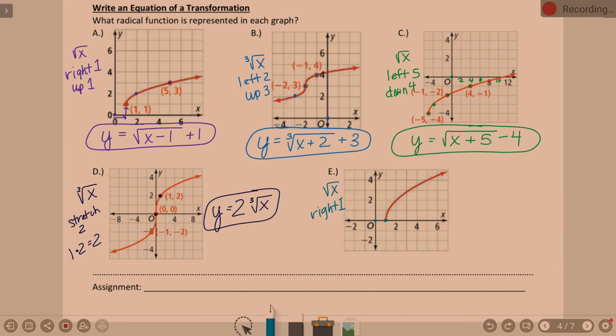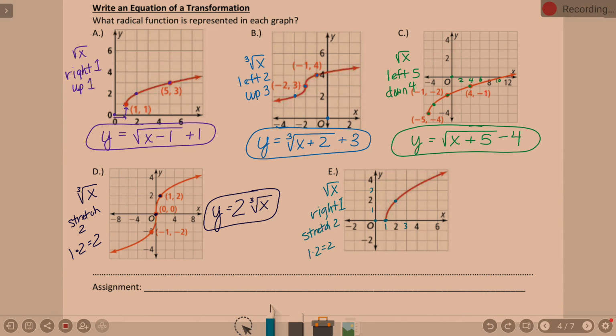Stretch. Yes, 2. Normally, from the vertex, it's supposed to go over 1, up 1, but it goes over 1, up 2. And when it goes over 1 up 2, that is the same idea of that 1 getting multiplied by 2, so this is a stretch by a factor of 2.